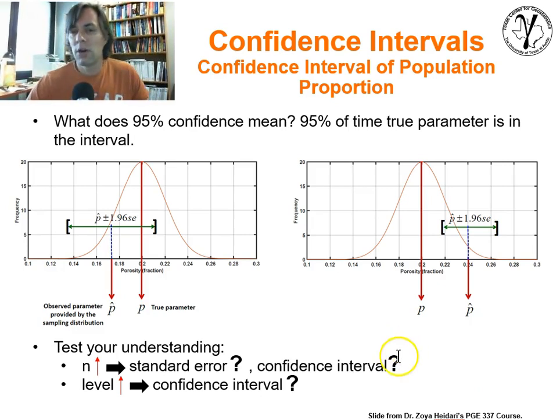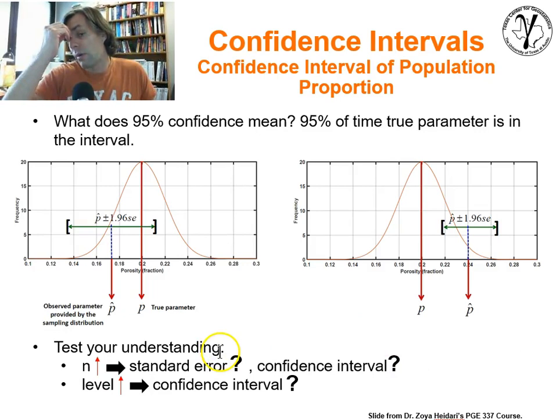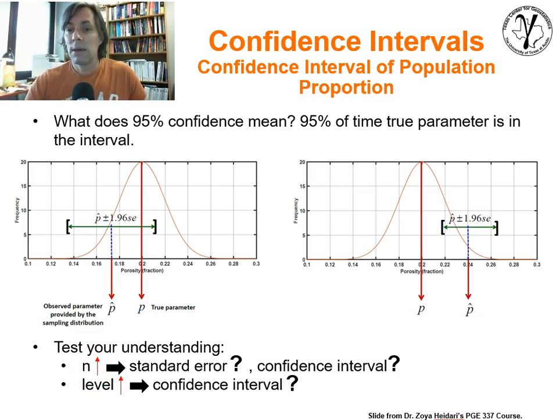So here's a kind of interesting thought. Given what we've already talked about with standard error, what do you think will happen to these confidence intervals if you increase n? Just give that some thought. And what will happen if we change the level? So in general, what we can say is that if we increase n, remember n was in the denominator of standard error, more samples, we would expect that these confidence intervals will actually shrink.